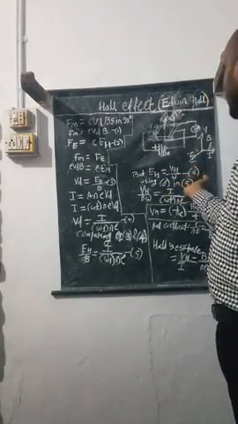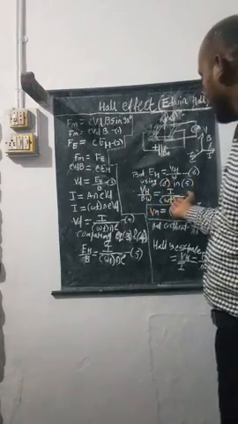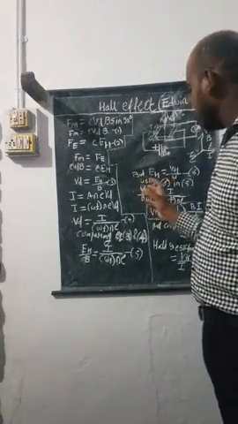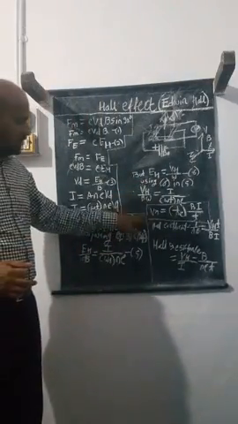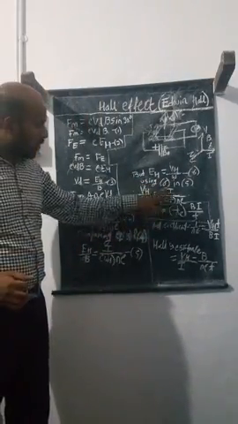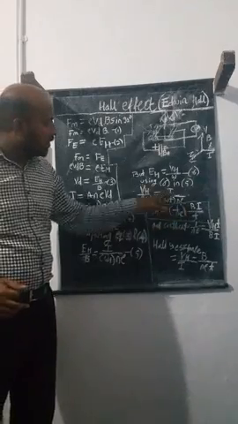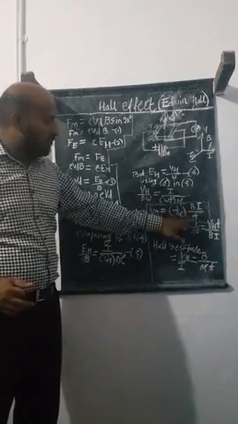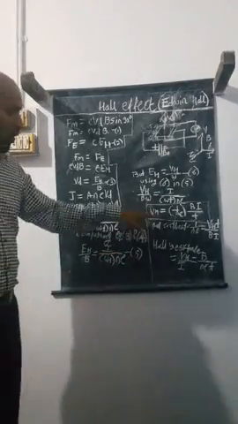Using equations 6 and 5, VH divided by B omega is equal to I divided by omega t into ne. So easily we can understand, VH equals, with 1 divided by ne, BI divided by t. So this is the Hall voltage expression.